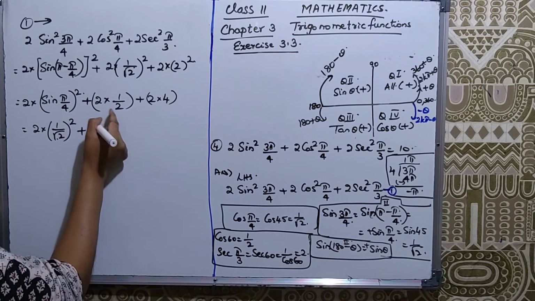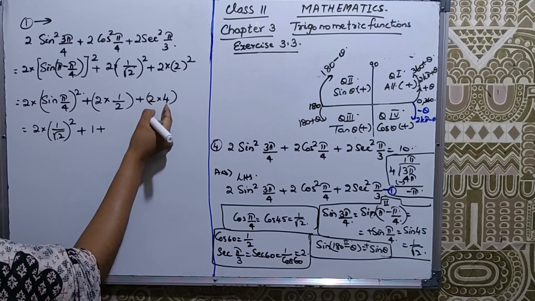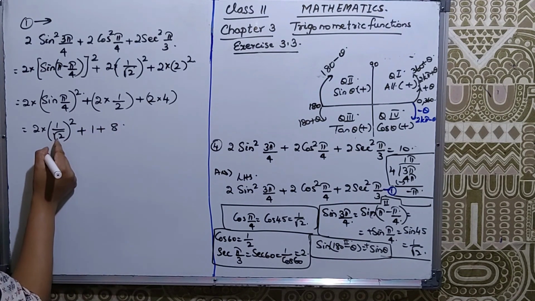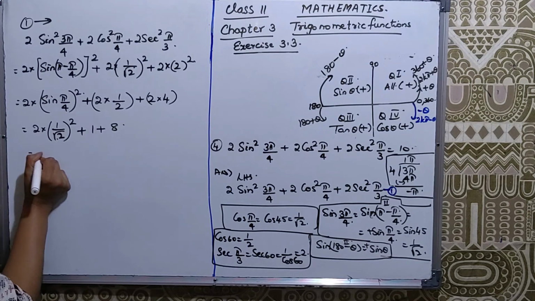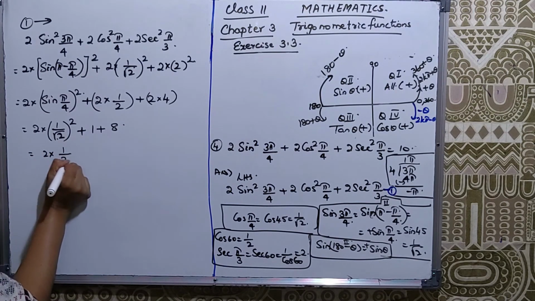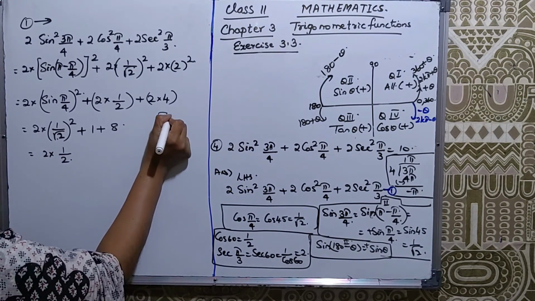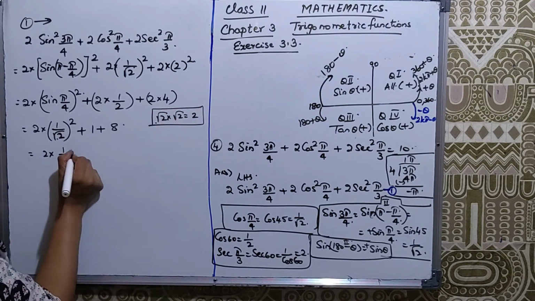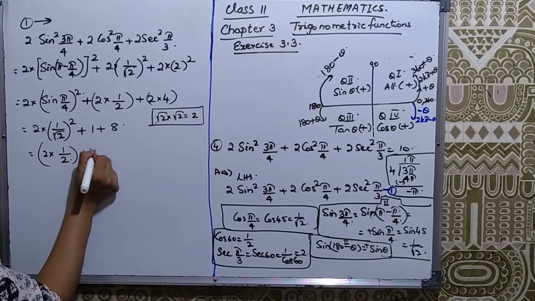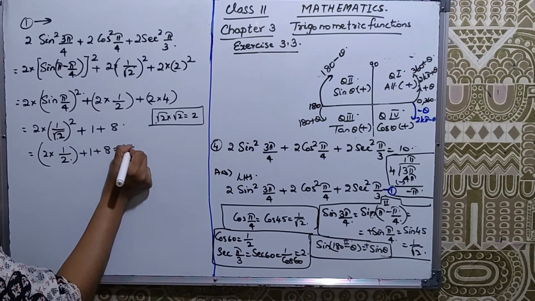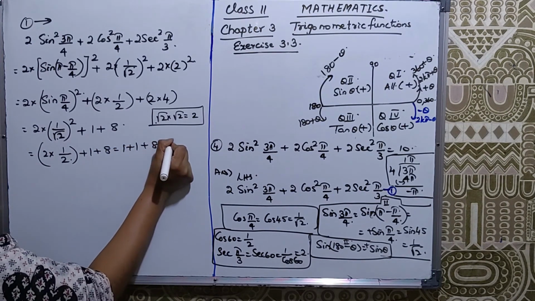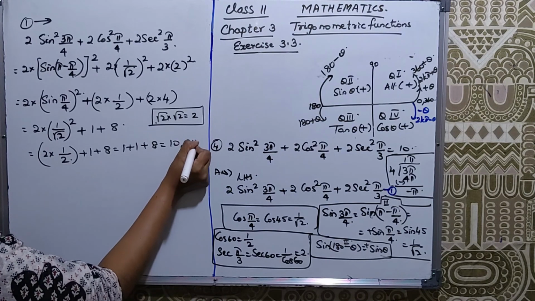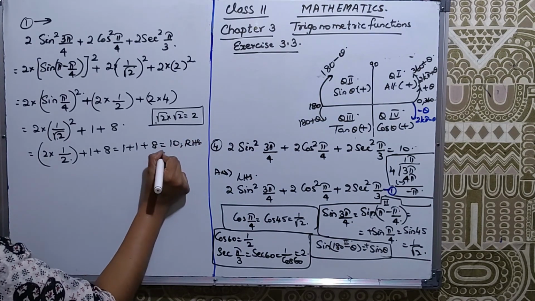Plus, the 2 and 2 will be cancelled, and you will get 1. 2 fours are 8. Root 2 into root 2 is 2, so 2 into 1 by 2 is 1. So it will be 1 plus 1 plus 8, equal to 10, RHS. I will go to question number 5.